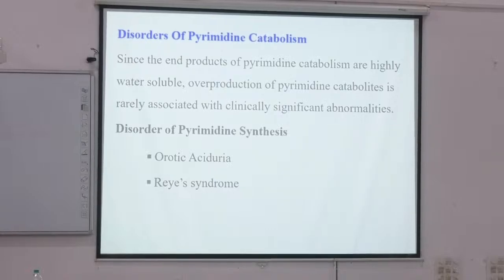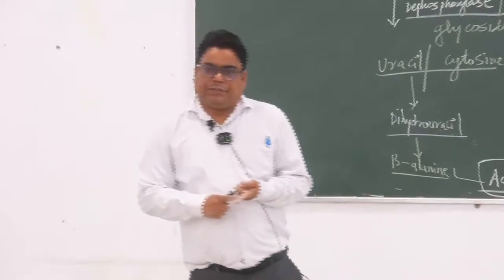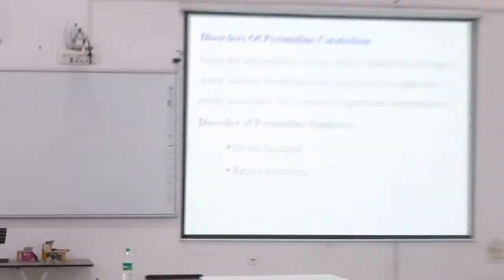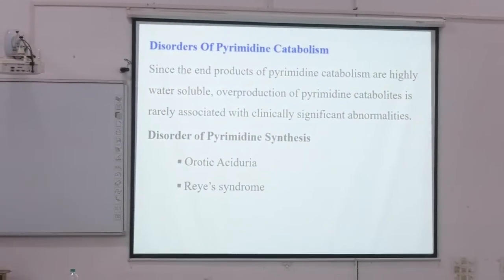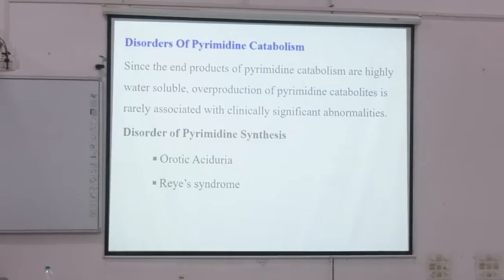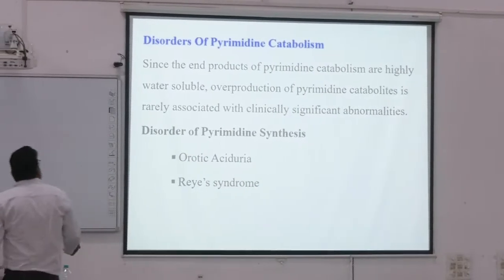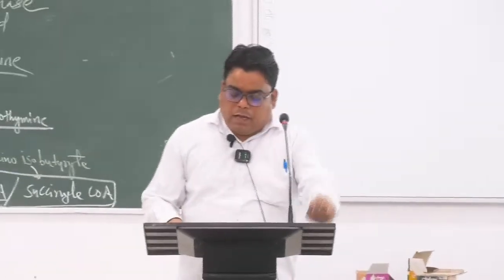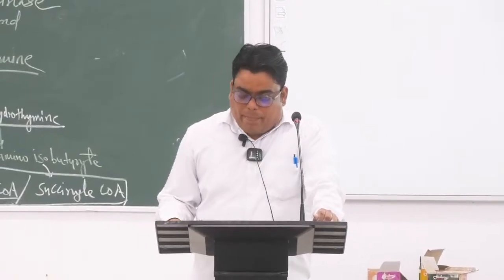Now, disorders related to pyrimidine metabolism. We completed synthesis, we completed degradation. The first disorder is orotic aciduria. It happens by the deficiency of the enzyme OPRTase. This is Rare syndrome, where deficiency of OPRTase can lead to the deposition of orotate, which we call orotic acid.